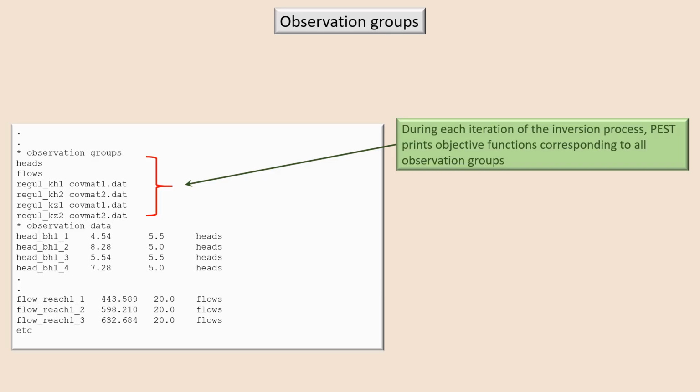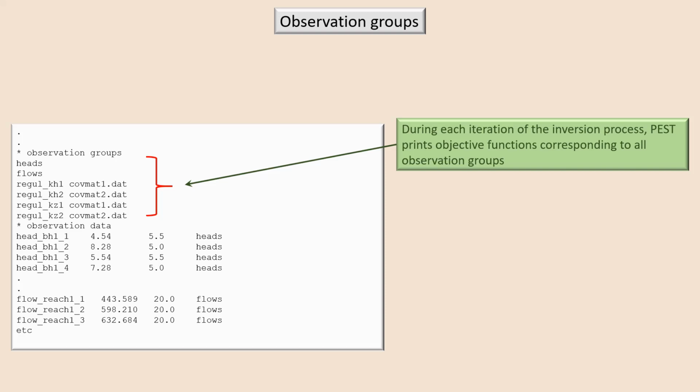Now let's turn our attention to something completely different. I want to say a few words about observation groups. The observation groups that PEST uses are listed in the observation group section of the PEST control file.